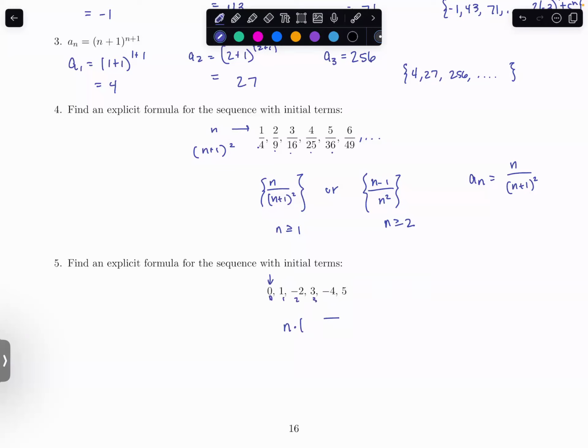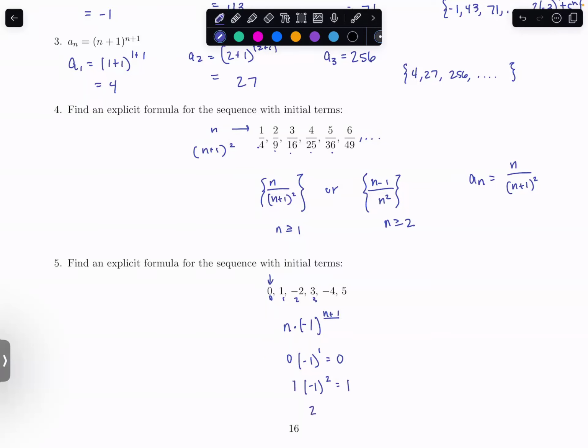Now when I do this, I would like for, on the evens, the negative to appear. So if I make this an n plus 1 power on that -1, the even entries would have an odd power of -1, which would make that -1 show up. So we do 0 times -1 to the first. Well, that's still 0. If we do 1 times -1 squared, that would be 1.